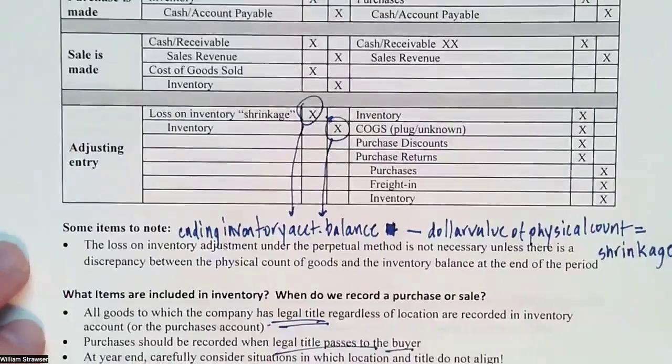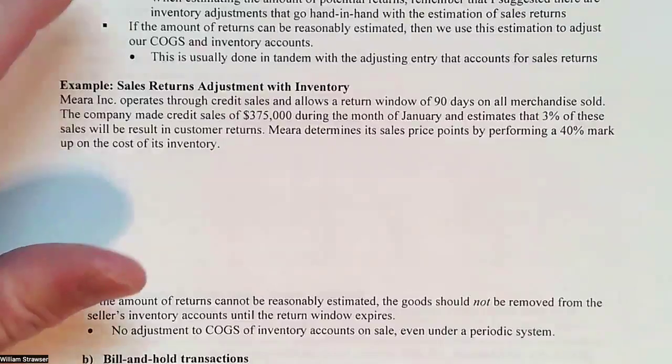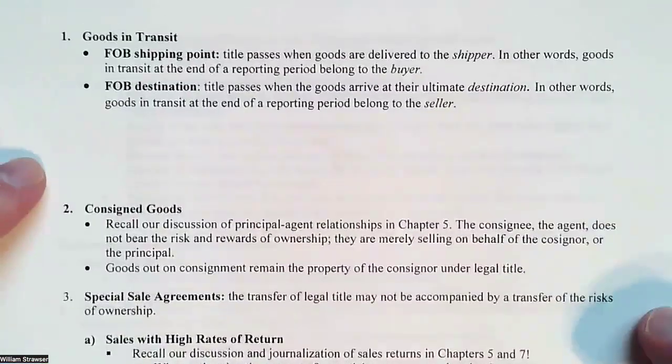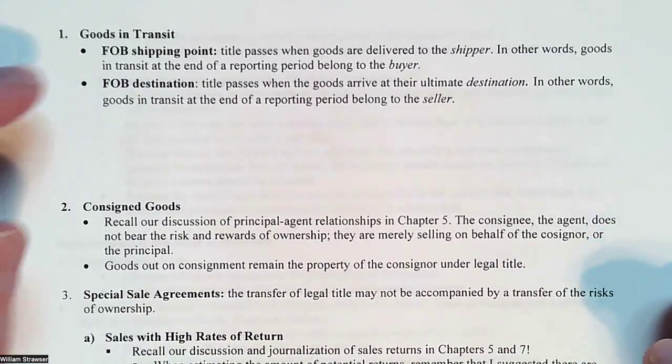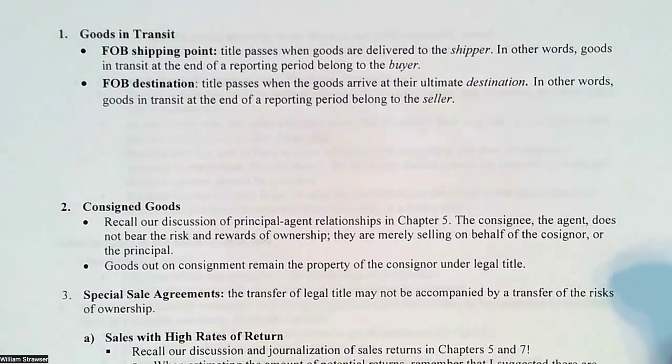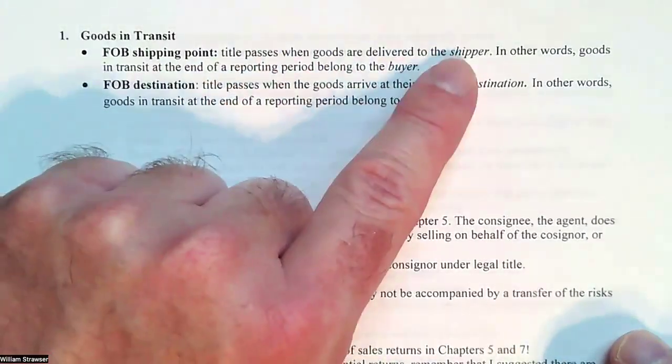And there are specific arrangements that should sound somewhat familiar to you from your introductory course. FOB shipping versus FOB destination. So FOB shipping point is when the title passes when the goods are shipped.